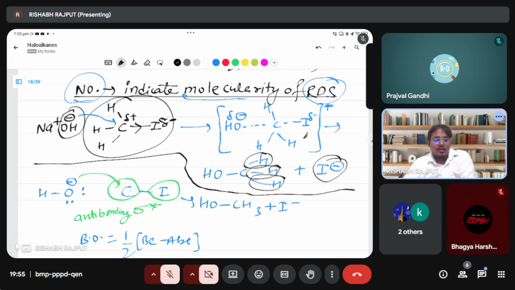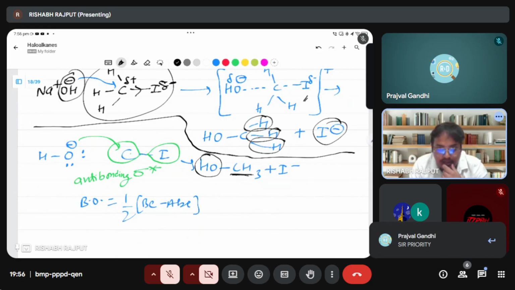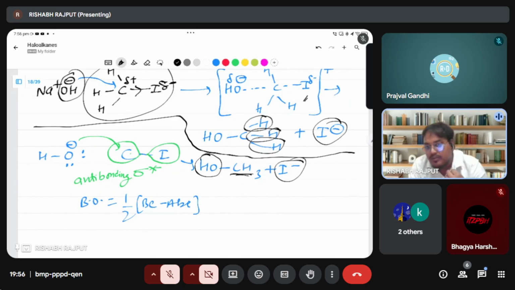That is the SN2 mechanism happening, with attack of the nucleophile always from the backside. Since the OH negative attacks from the backside, you make the OH compound with CH3 plus iodide negative. Okay, sir, what is the meaning of priority here?